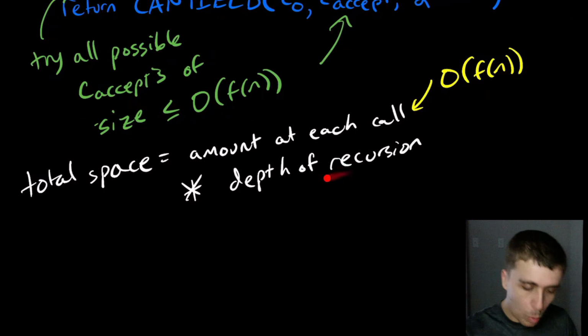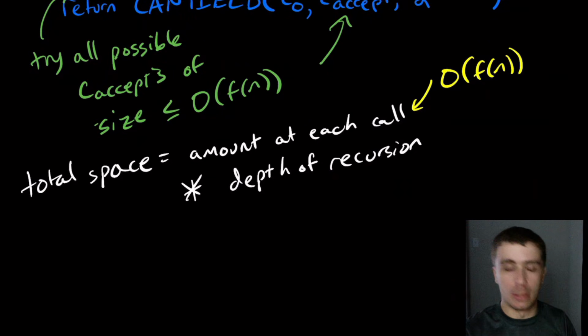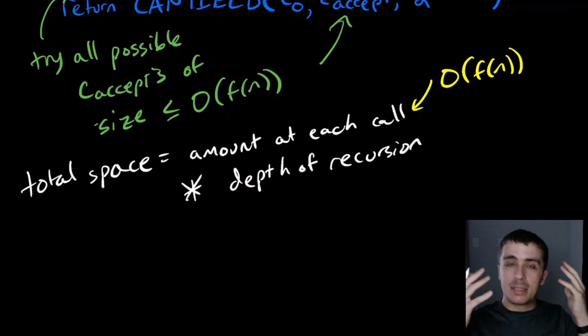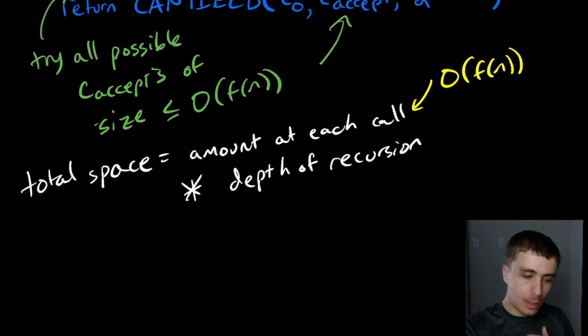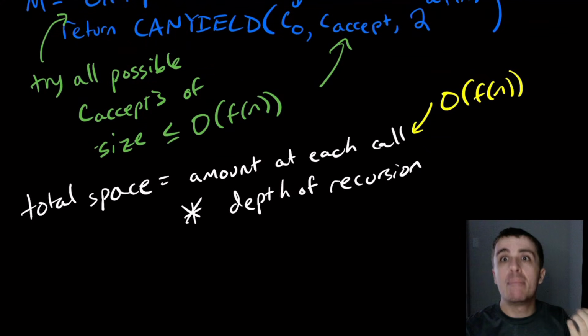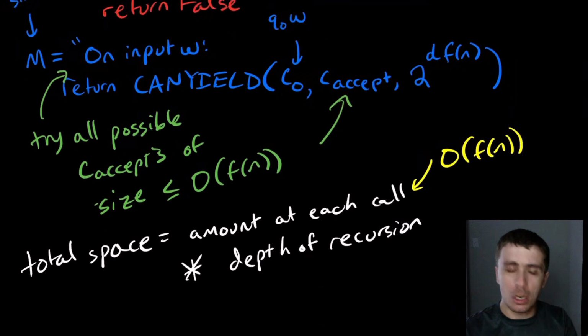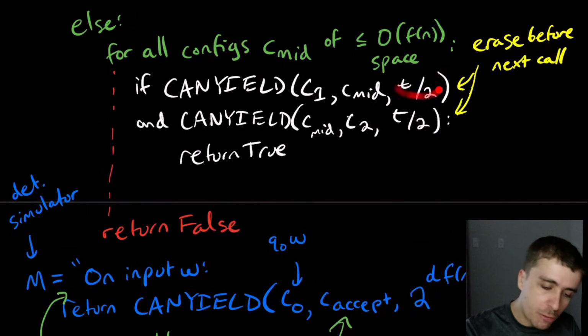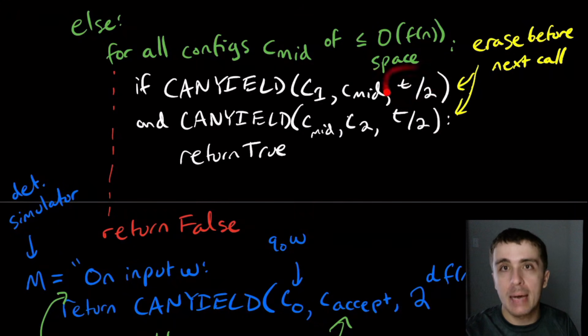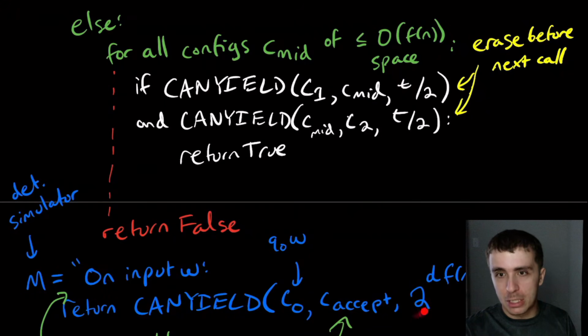Well, what is the depth of the recursion? That is the logarithm of the time budget that we started with. Why is it the logarithm? Because we're dividing the time budget by 2 every single time. And we actually set it to be a power of 2 here, so we don't have to take floors or ceilings. It just makes the math easier.